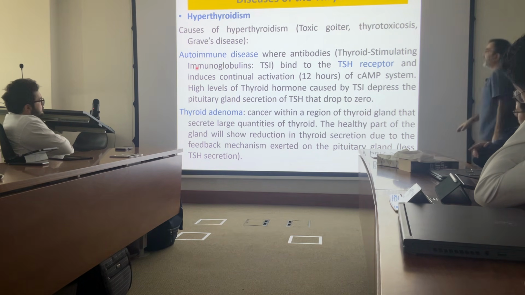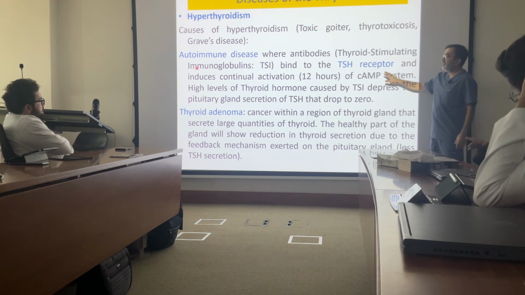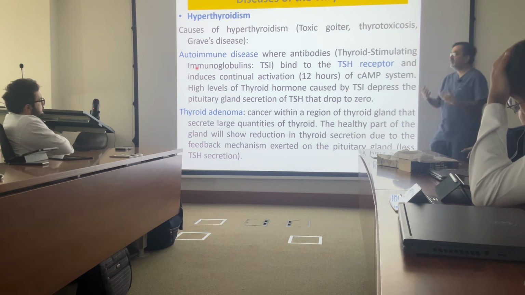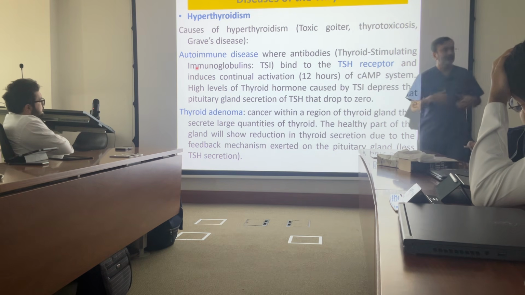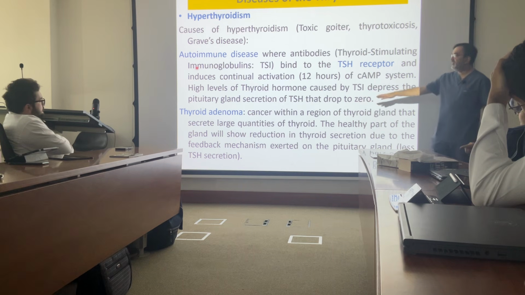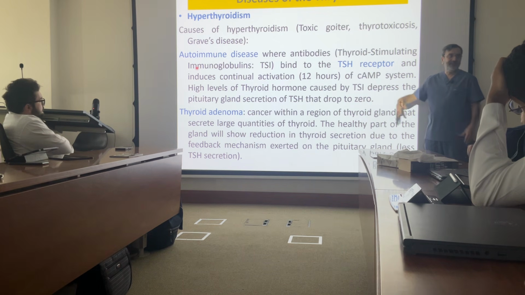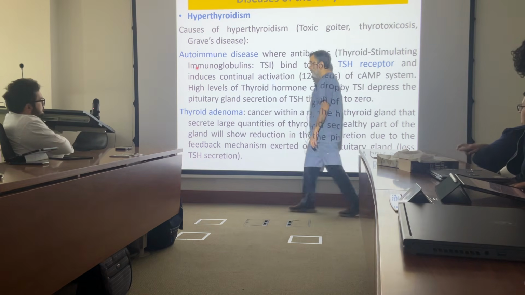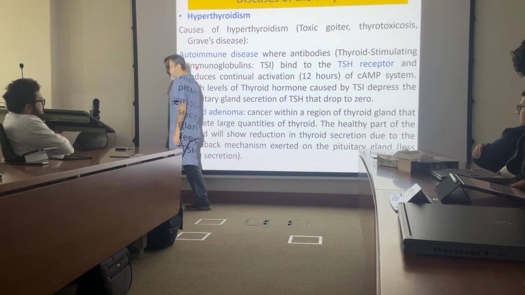So it is going to bind to the TSH receptor, induce continual activation of the cyclic AMP system, and produce a lot of thyroid hormone. You can also have a thyroid adenoma producing too much thyroid hormone. That can also result in hyperthyroidism.